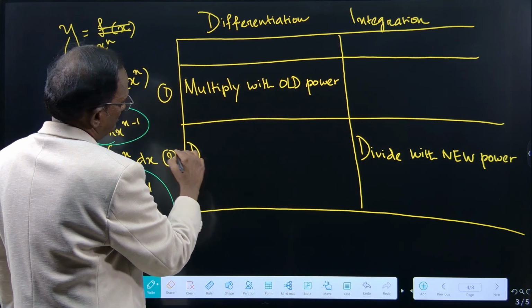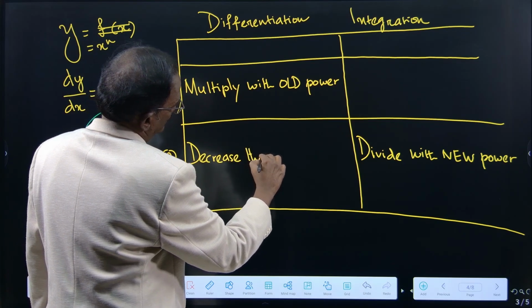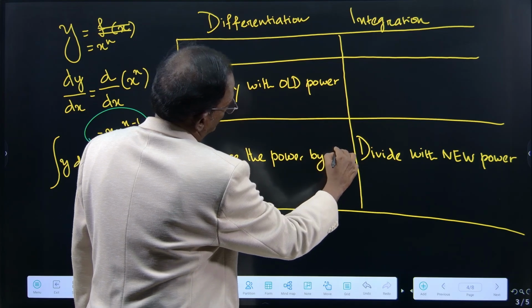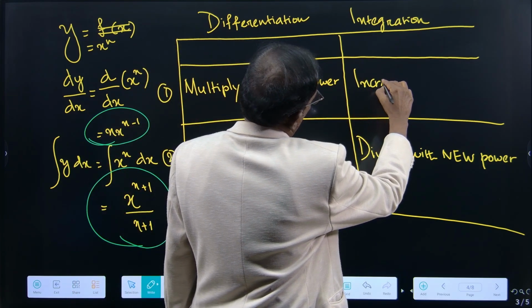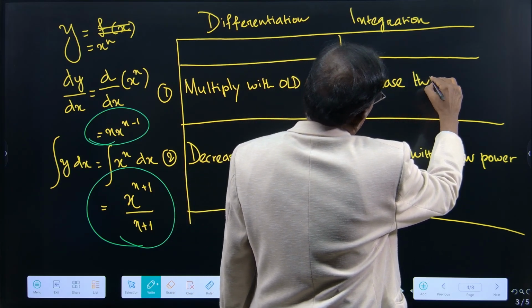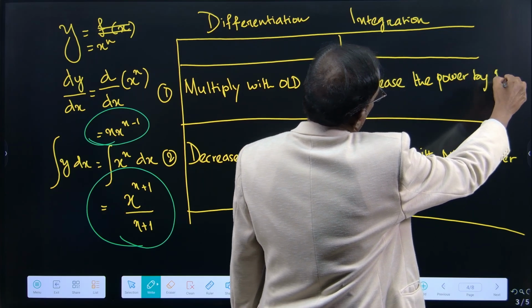Step 2, decrease the power by 1. Here in integration, increase the power by 1.